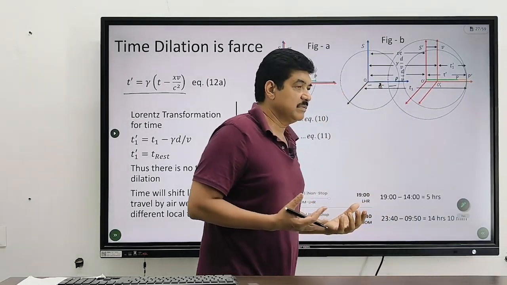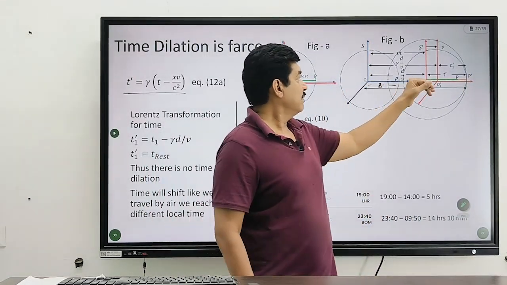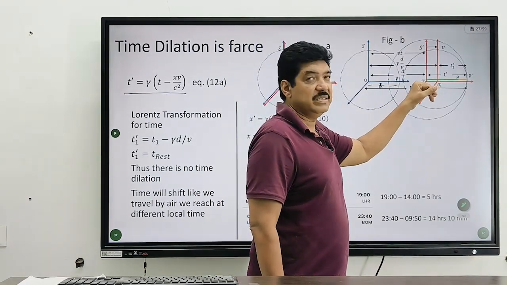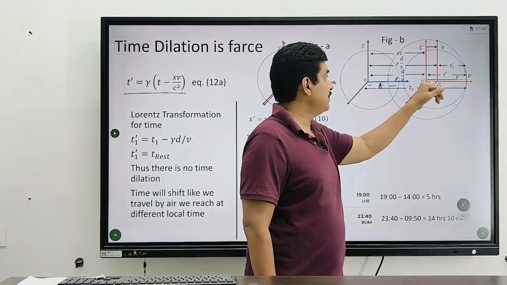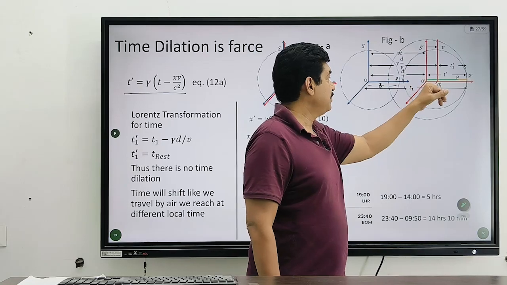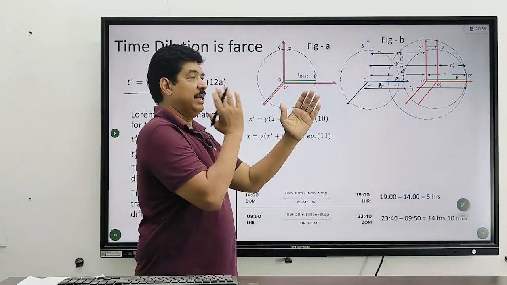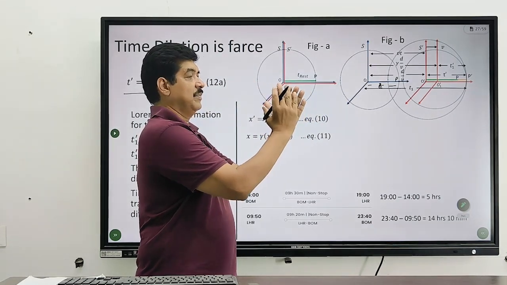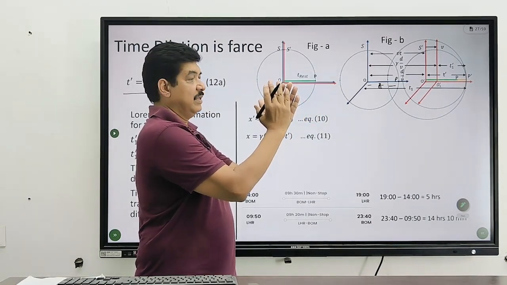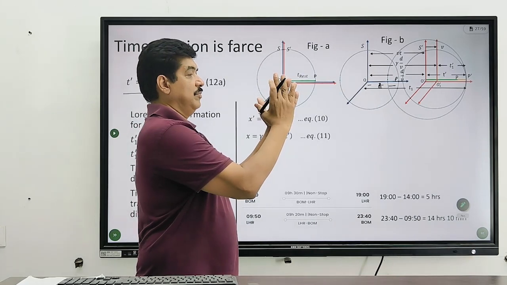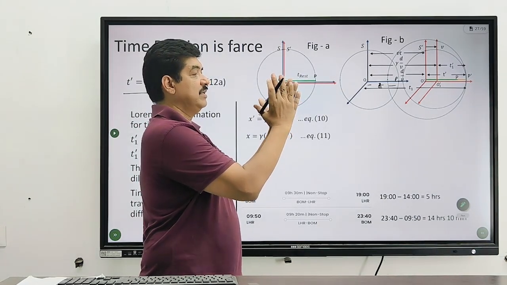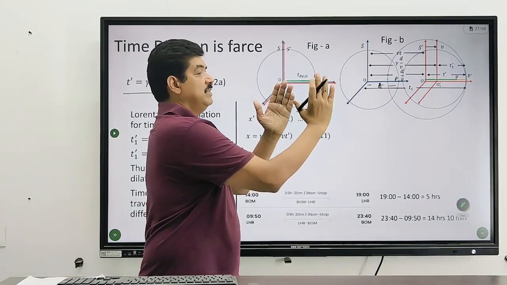But the problem is, the origin O prime has changed from O prime to O1 prime. When it crosses through, actually it is here, but he may find it is here, but the real position is here.